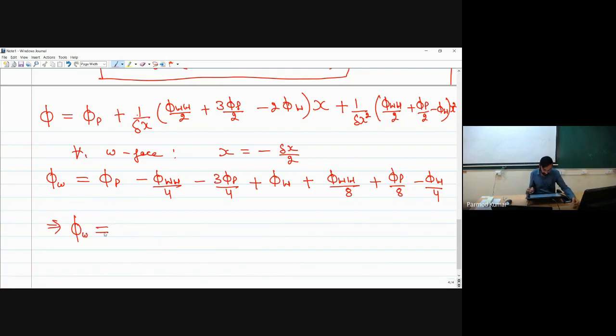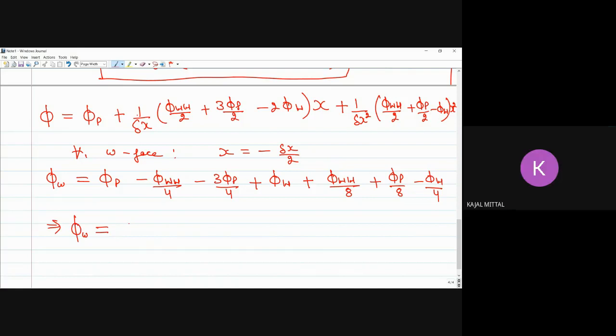So, final expression of phi w will be what I will be getting. Can you tell me? Segregate different terms. So, I have over here this phi WW by 4, so minus 1 by 4 plus 1 by 8. So, what will this term be becoming? 3 by 8 phi P, 3 phi P by 8.